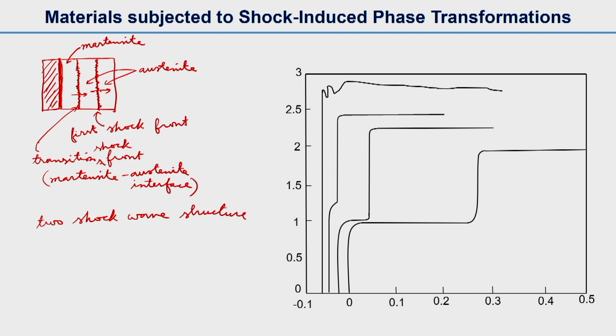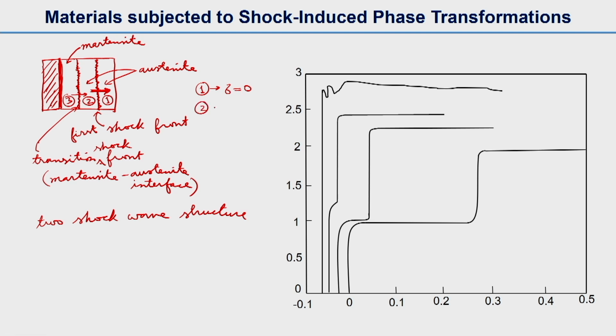So the first front is this one, and in this region, actually I would write 1, 2 and 3. In the first region, sigma is equal to 0, because the first shock front has not even reached yet.